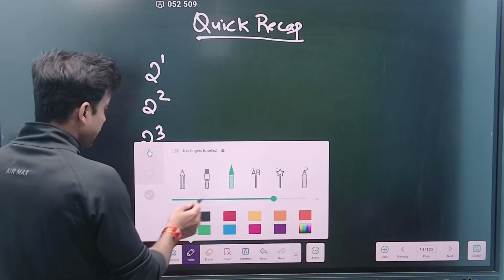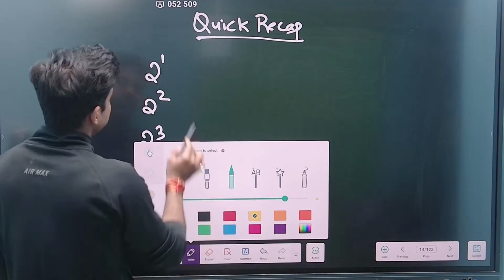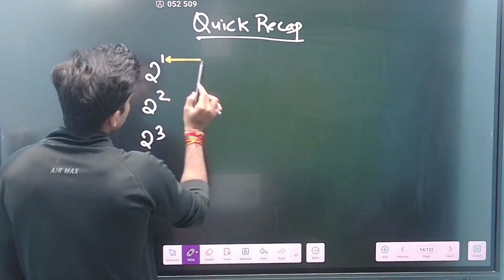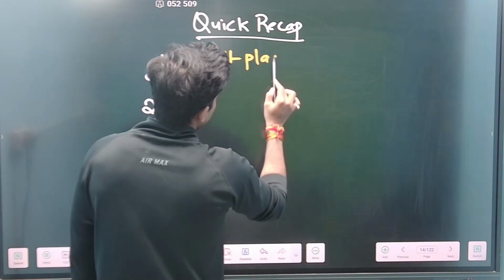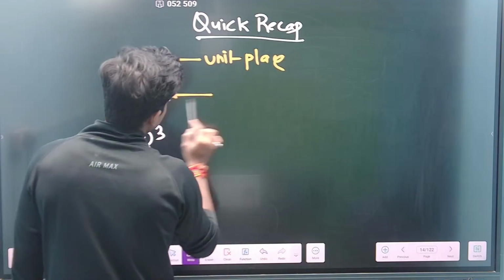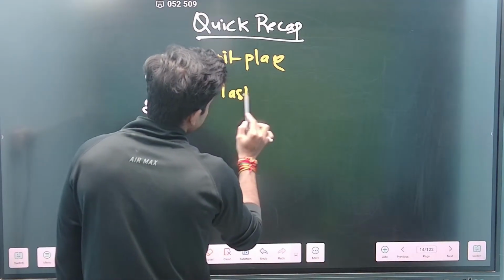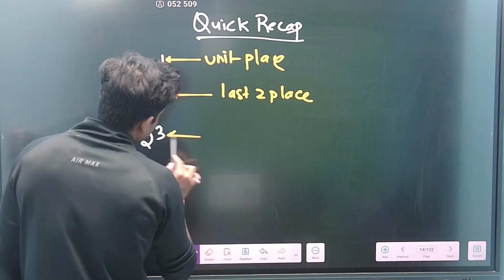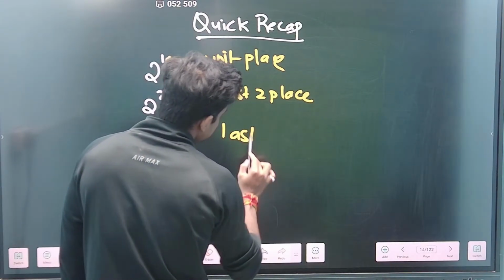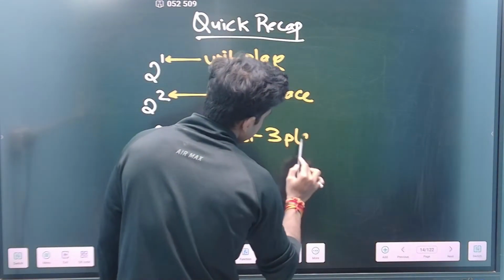The power gives you the exact rule. If the power is 1, only the unit place. If the power is 2, the last 2 places. If the power is 3, then the last 3 places, correct?